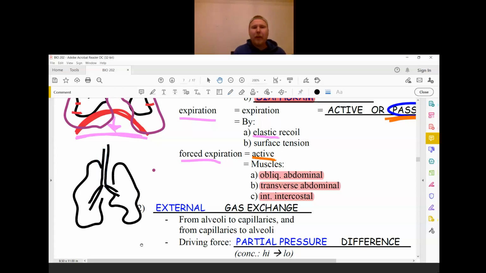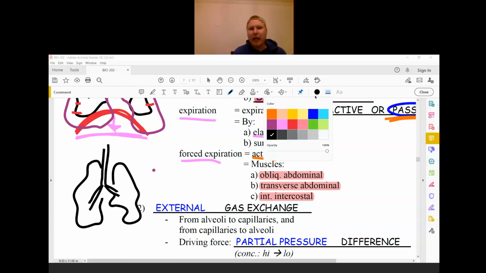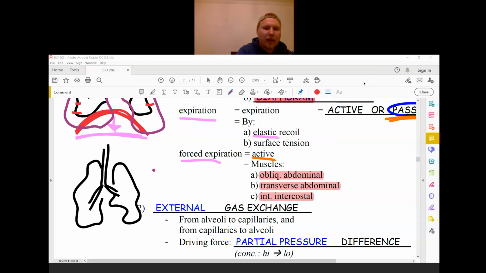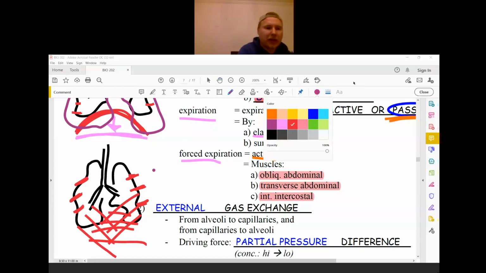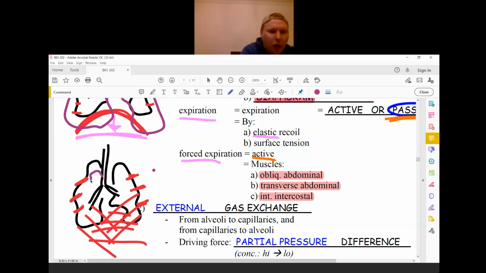And now we are recruiting a bunch of muscles to assist us with breathing out. So we're recruiting our oblique abdominal, transverse abdominal, and internal intercostal. What all of these muscles help us to do is make the chest cavity, and consequently the lungs, smaller.